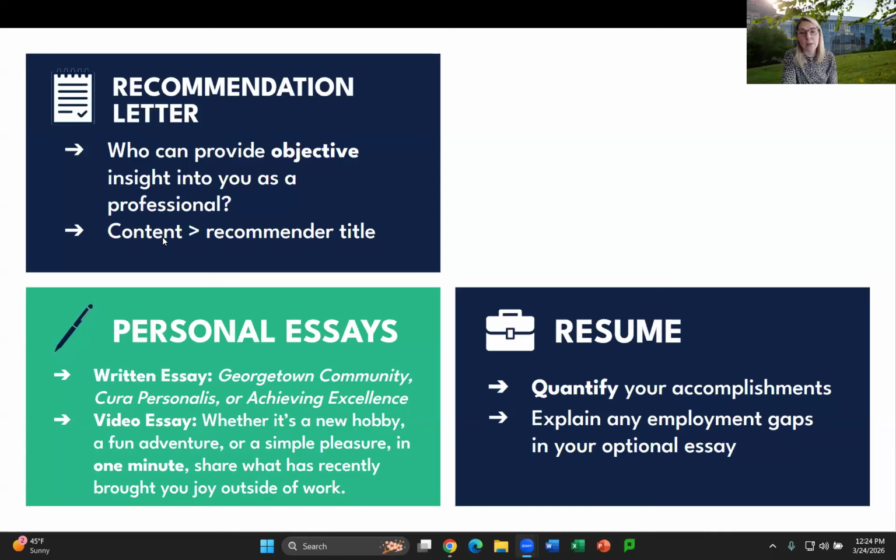And I would really recommend that you quantify your successes as best as possible to help us easily understand what you've achieved. So that will vary depending on your scope of work.